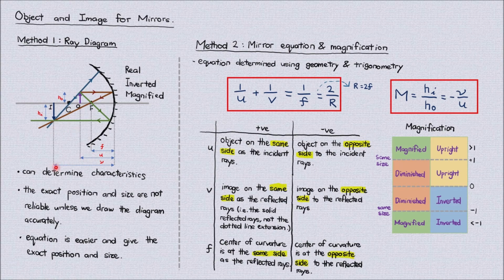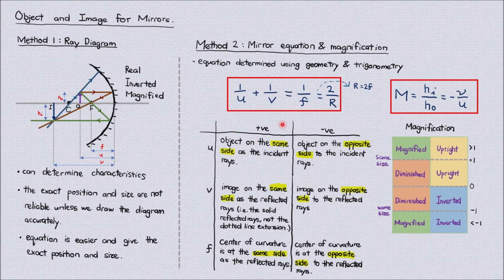So let's say I measure 20 cm here. For this case, since I know my image is on the same side as the reflected ray, my value here will be positive 20 cm, positive 0.20 meter. So you have to be very clear what the reflected ray is, where it is, and whether it is on the same side as the image or not.